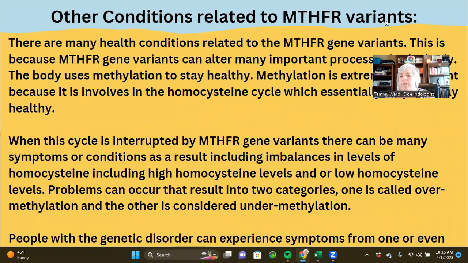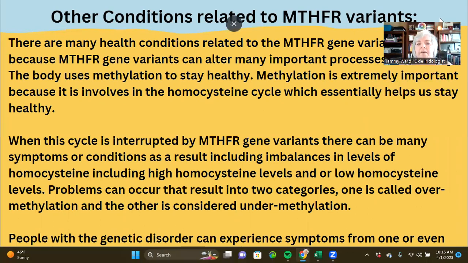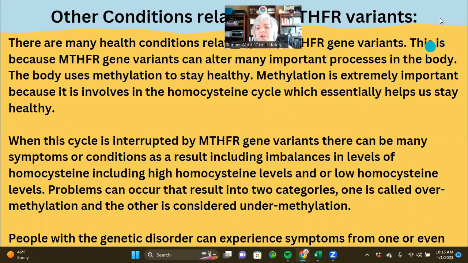So we know that we have two of the main ones, but there are also variants. There are many health conditions related to the MTHFR gene variants. This is because MTHFR gene variants can alter many important processes in the body. The body uses methylation to stay healthy.